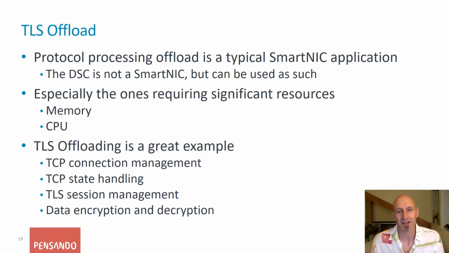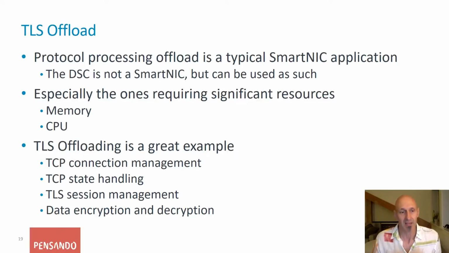So the functionalities we want to mostly offload are the ones that require more resources in terms of memory and CPU. And TLS is a good example because it requires managing TCP connections, which is memory intensive, maintaining TCP state, the state of the TCP connection, and performing the management of the TLS sessions, which also is sophisticated.